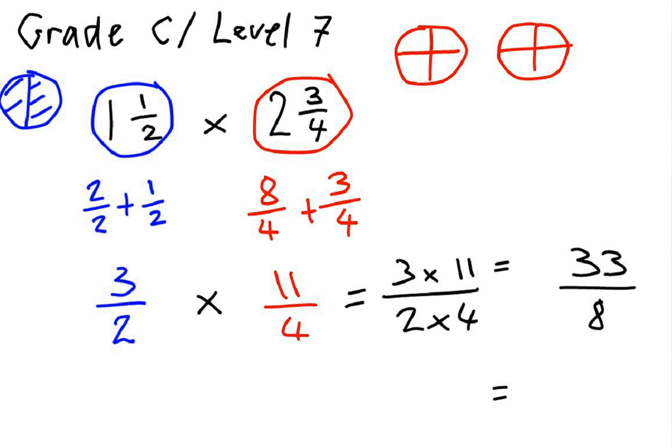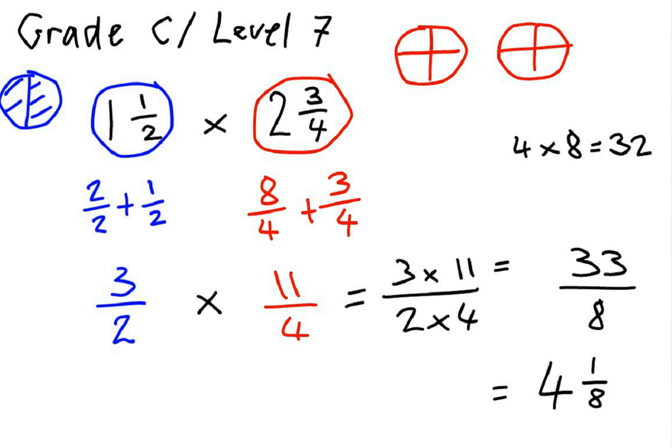So we have 4 whole 8s, and we can find out how many that comes to in total by doing 4 times 8. That gives me 32. So 33 take away 32 leaves us with 1/8 left.